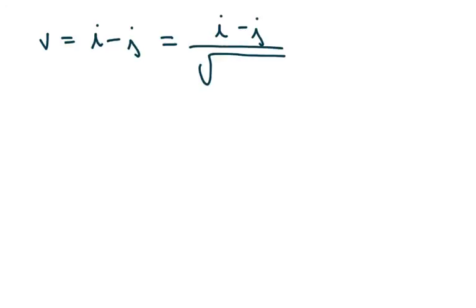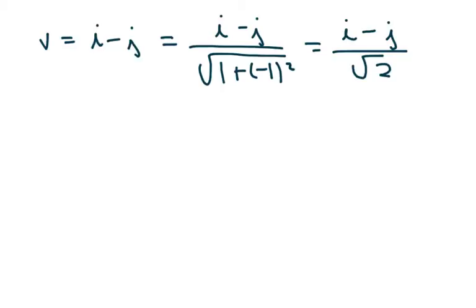And two more, and I think you'll have it. We have v equals i minus j. So we get i minus j over the square root of 1 plus negative 1 squared. That gives us i minus j over the square root of 2, which is i over the square root of 2 minus j over the square root of 2.